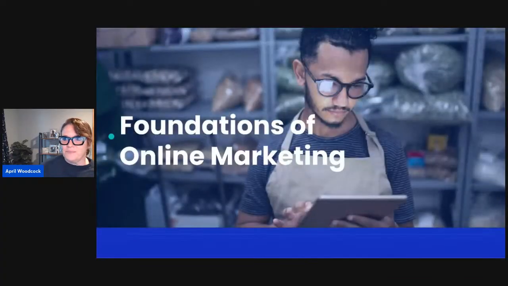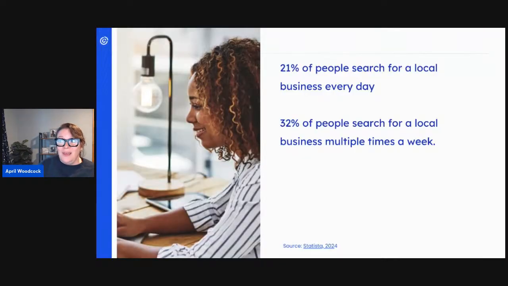All right. So again, friends, today we're going to be talking about foundations of online marketing. And really, it's one of those things that as business owners, there's so many different facets of elements that we're using in our tool chest. One of the big things that we're going to talk a little bit more heavily about today is local search. We're going to talk a little bit about online reviews because a lot of searches come in the local area.